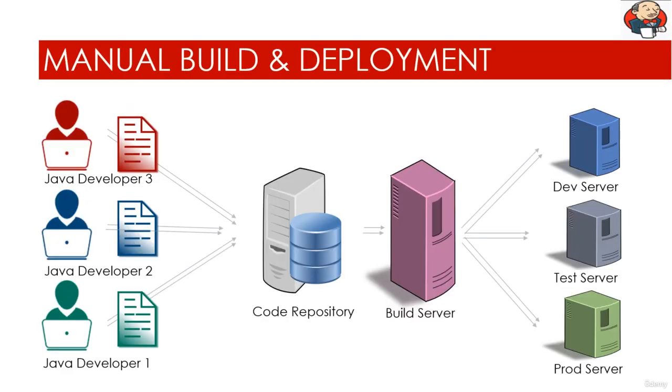So in the earlier age, if you remember, and even now, if you are not using any CI tool, what will happen? Let's say you have a number of developers, for example, considering Java applications, Java developer 1, Java developer 2, Java developer 3.